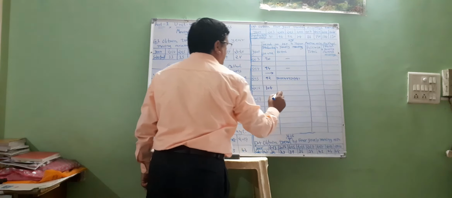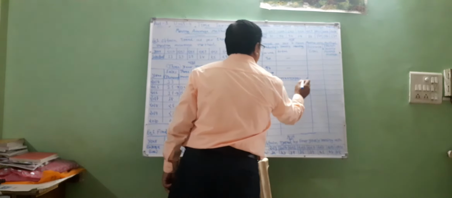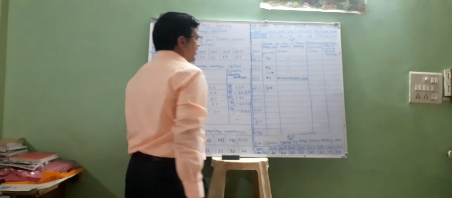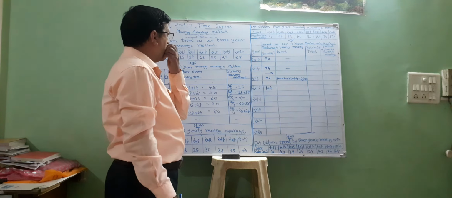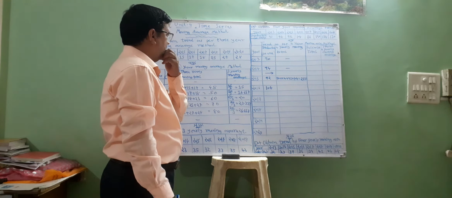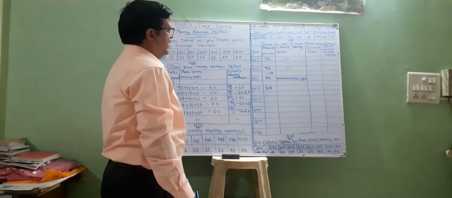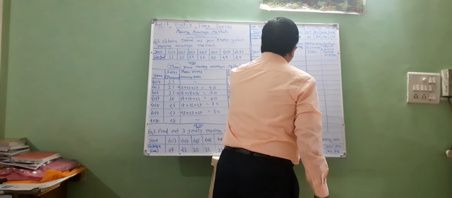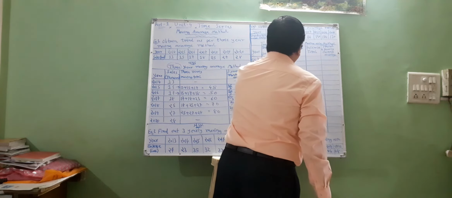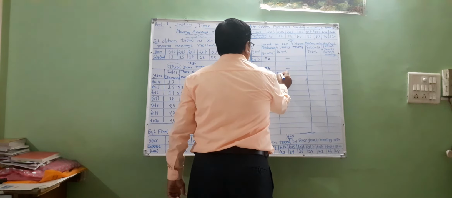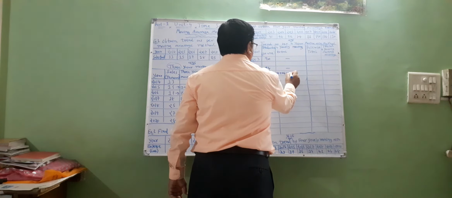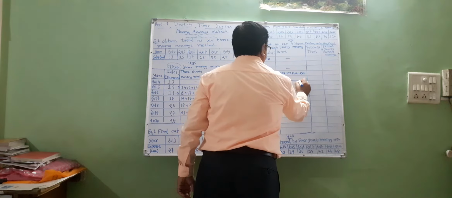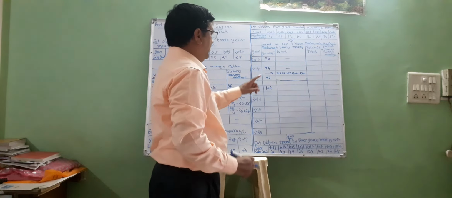So total is 280. 90 plus 94 plus 92 plus 104 is equal to 380.